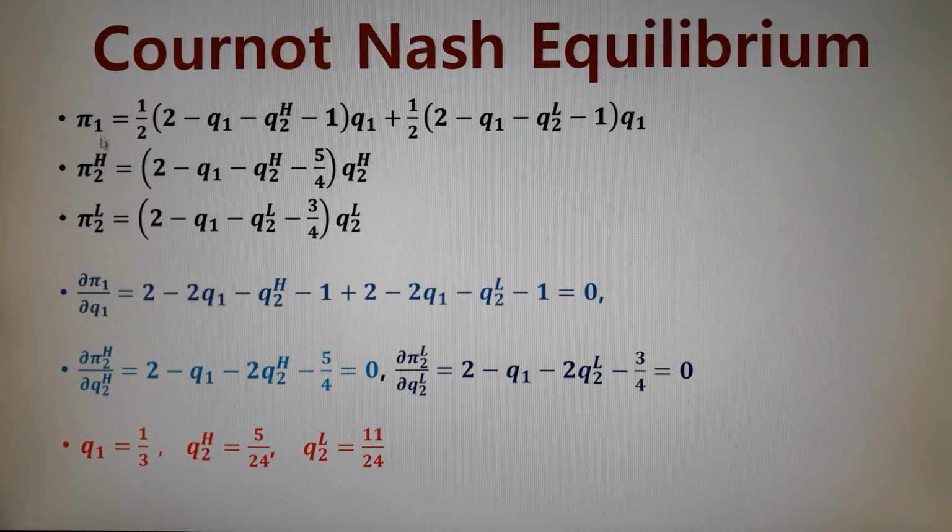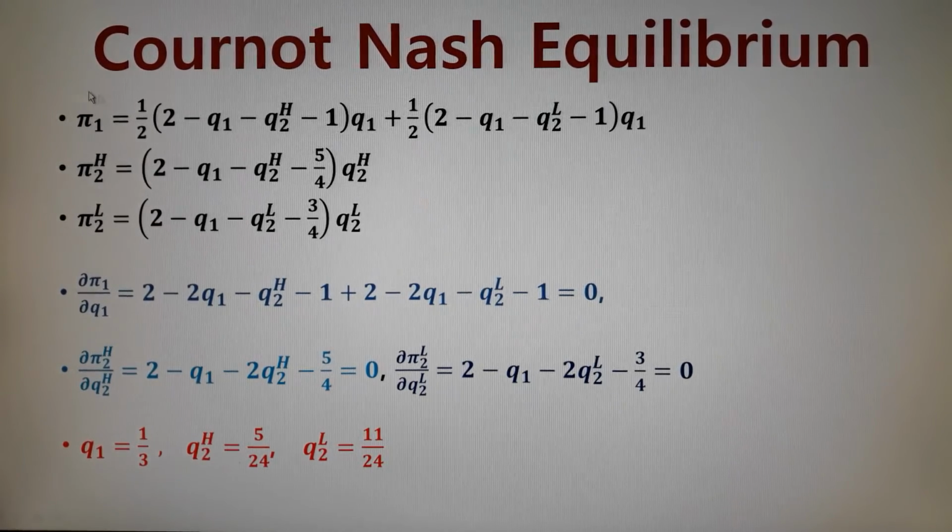This can happen only with probability half. And the low cost case, same with probability half. So because firm 1 does not know the exact type of the second company, it only knows the probability, 50%, 50%. This is profit maximization or maximization of the expected profit. Okay, average profit if you like that way.